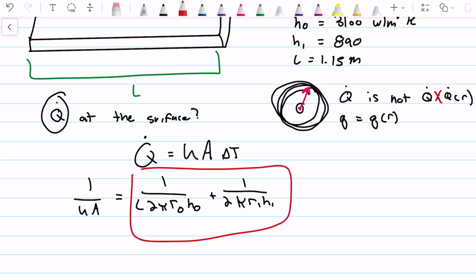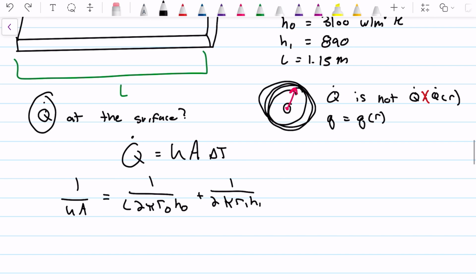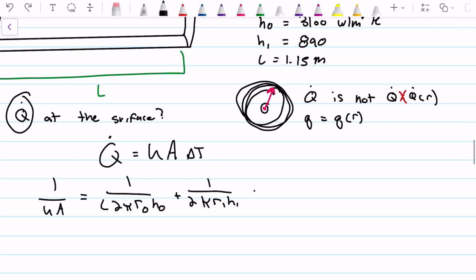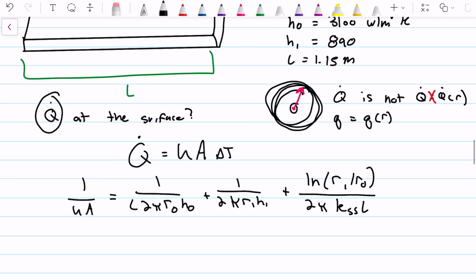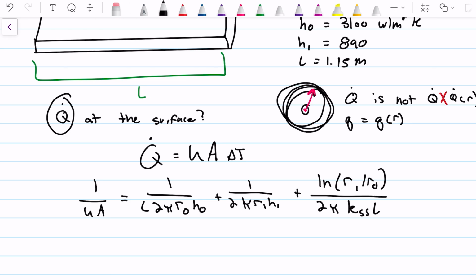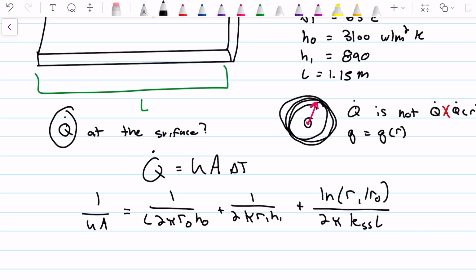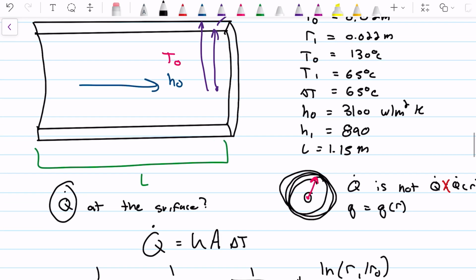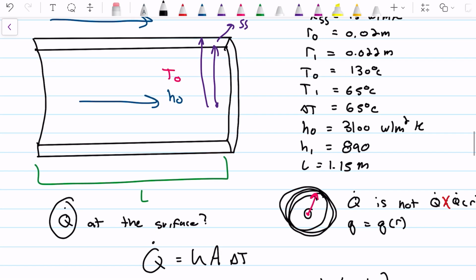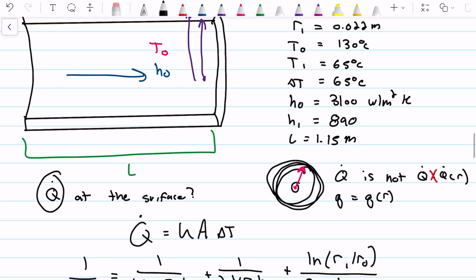These are our convective losses at the two surfaces. And then we also have from within the stainless steel pipe. If you want to see where these equations come from, watch the topic video. We got the stainless steel. There we go. Okay. So this is going to be our equation for the total resistance, the overall heat transfer coefficient for the pipe.